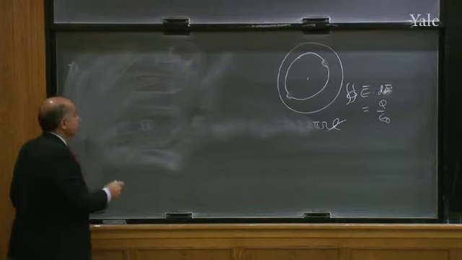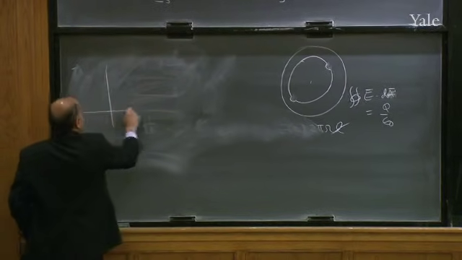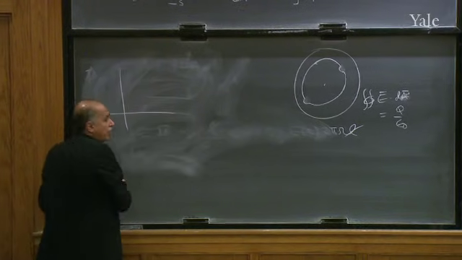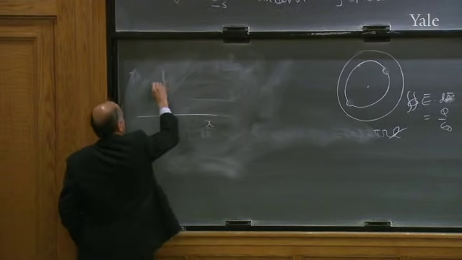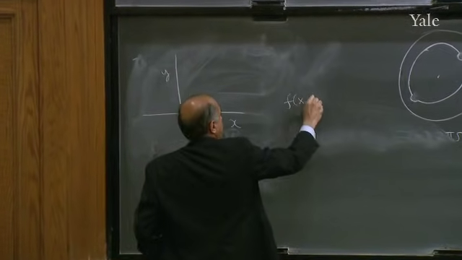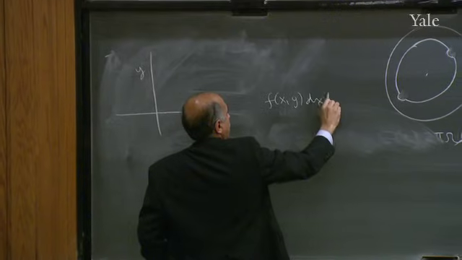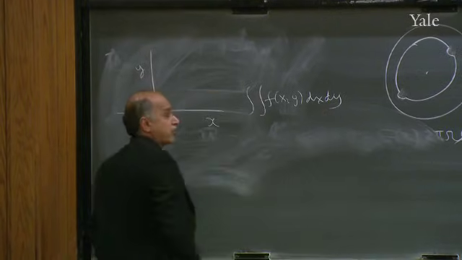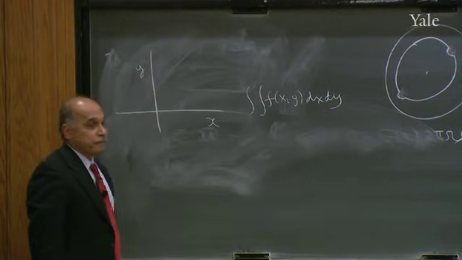It's just generalization. Suppose you're in the xy plane, and there's a function in the xy plane, f of xy, and someone says, find the integral of f of xy dx dy. What's the procedure and what are you supposed to do is the question.